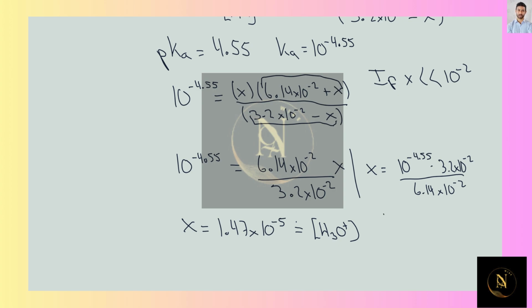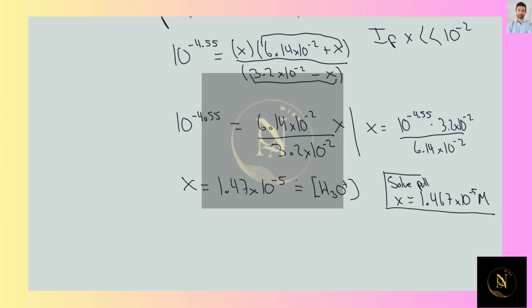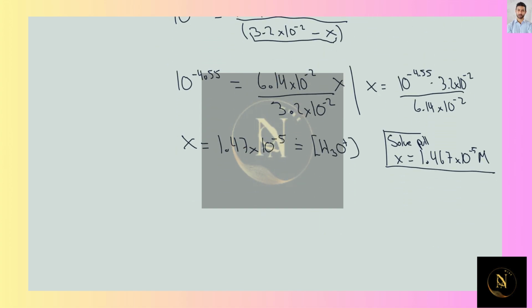Actually, if we solve the full quadratic expression, the result of x is 1.467 times 10 to the minus 5 molar. Okay? So, since in both cases we approximate to two decimal points, it doesn't matter, and our final result for the concentration of H3O plus is this.